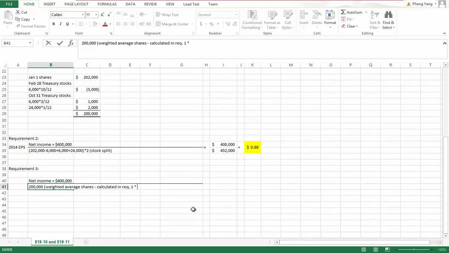And then we're going to multiply it by the stock split, which is basically just 2.